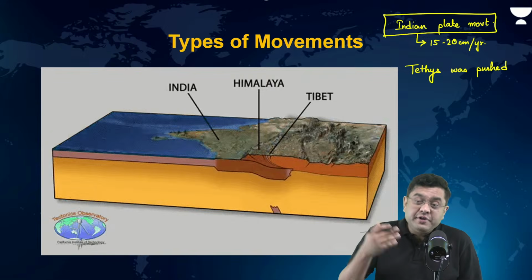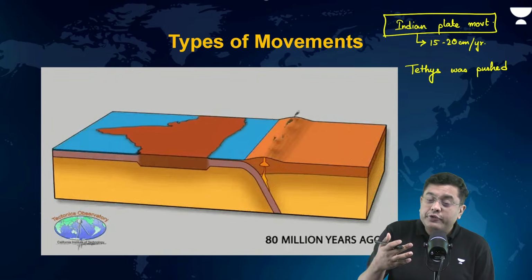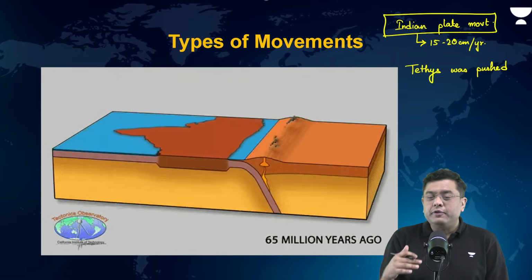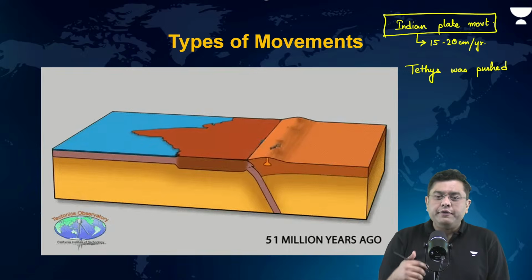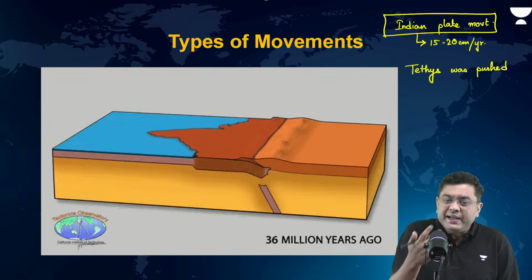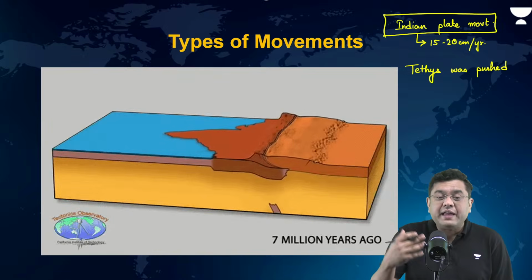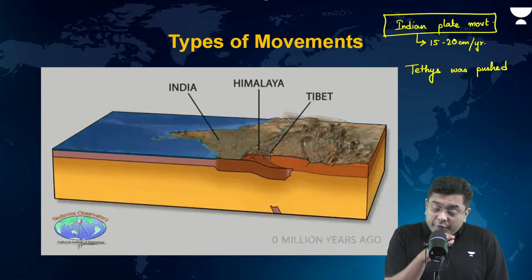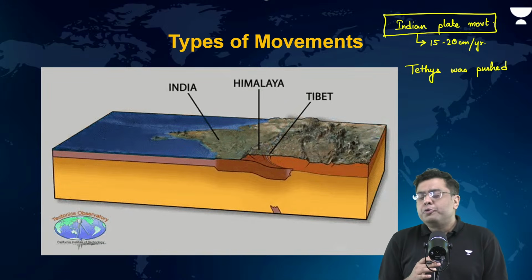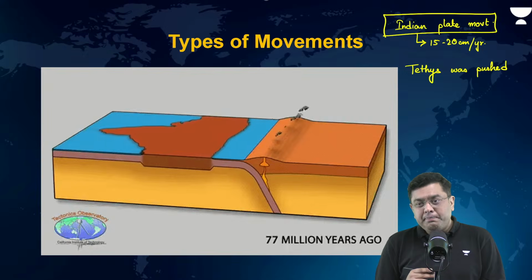Based on the evidence of the igneous rocks present to the northern part of Himalayas and the region of Eurasia, you get an idea that almost 5,000 square kilometers of Tethyan sea floor was pushed underneath the Eurasian plate.